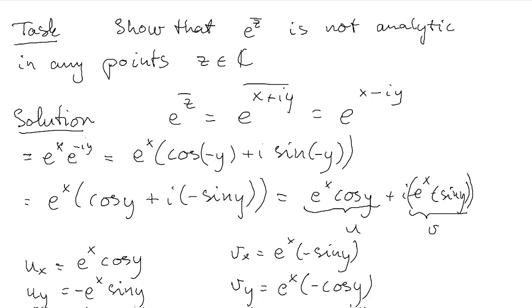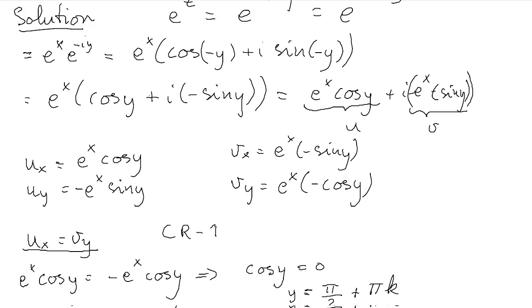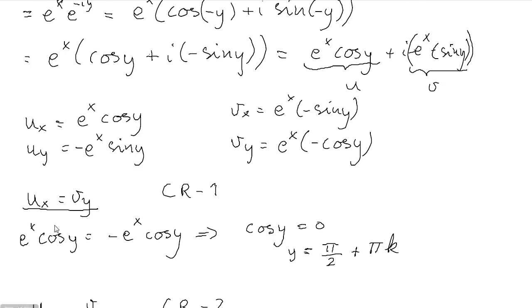First finding the first order partial derivatives of u and v, we get them very easily, and here are the results. And now we are checking the Cauchy-Riemann equations. This is the first Cauchy-Riemann equation.